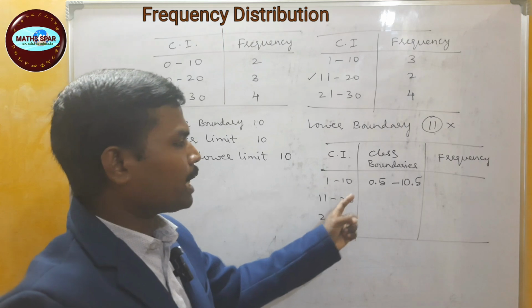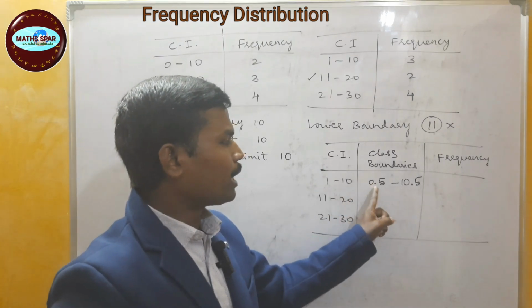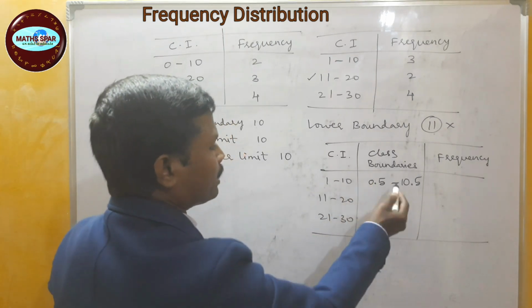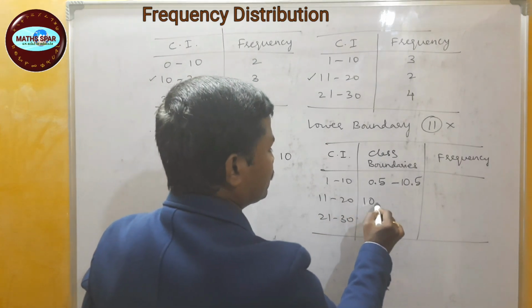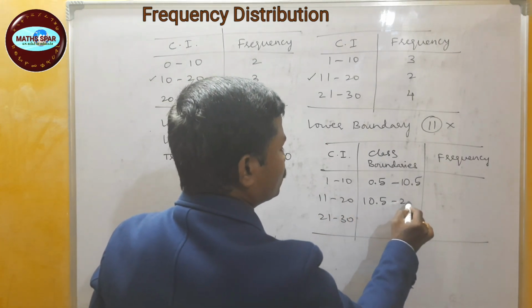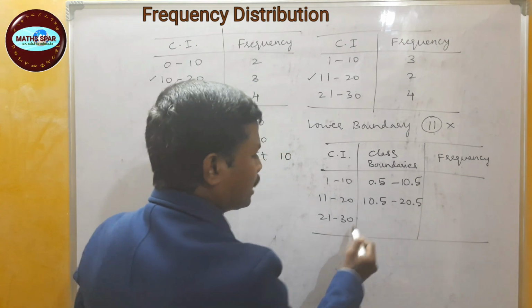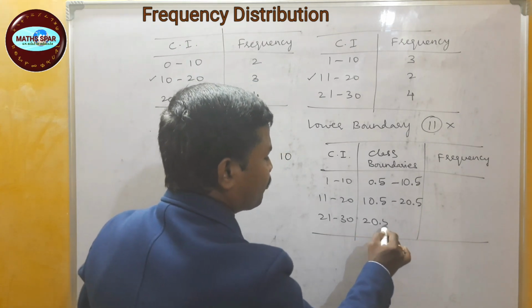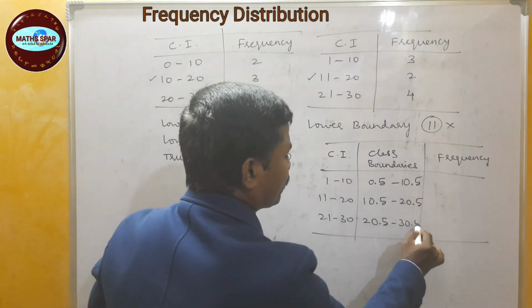So now the class boundary has become 0.5 to 10.5. Then the second one is 10.5 to 20.5. Then the third one is 20.5 to 30.5.